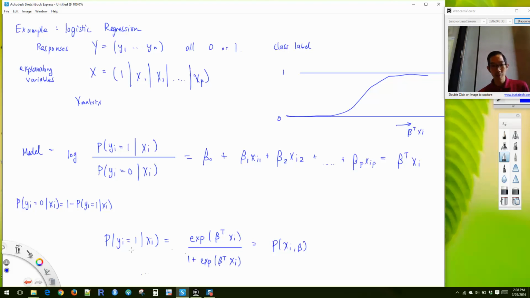And the opposite, for completeness, is 1 minus the probability of y i equal to 1 given x sub i, which is just 1 over 1 plus the exponential.